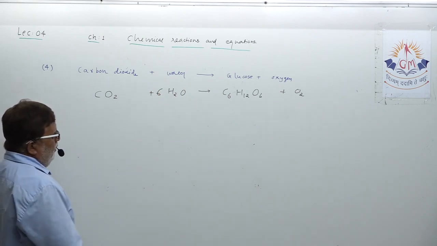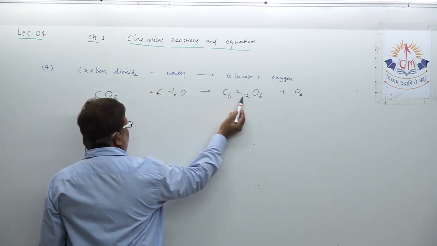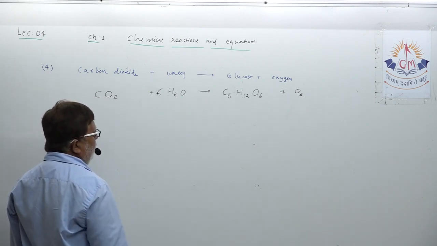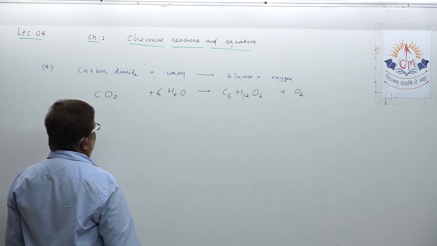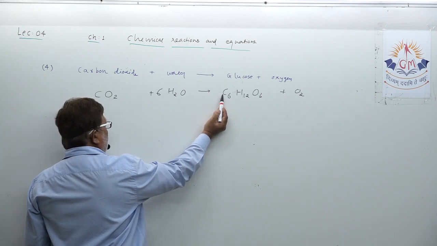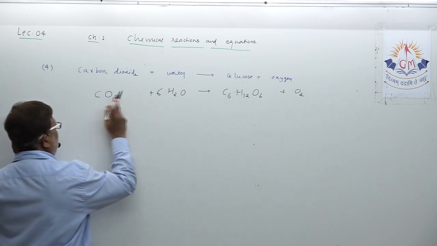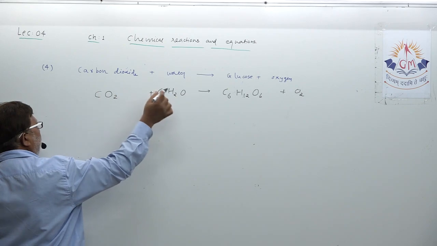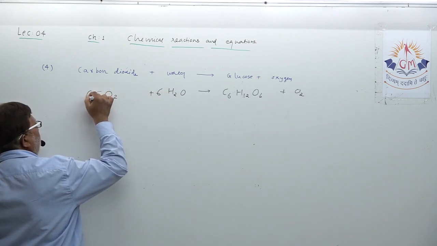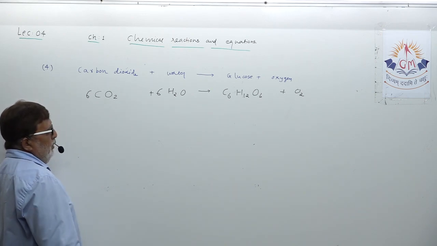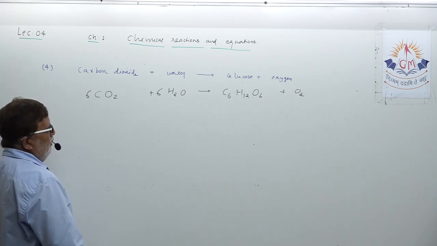So 6 times 2 is 12 and the 12 hydrogen atoms got balanced. Now let us try to balance carbon. On the product side, 6 carbon atoms, on the reactant side only 1 carbon atom. So there you multiply 1 and here you multiply 6. So carbon got balanced.